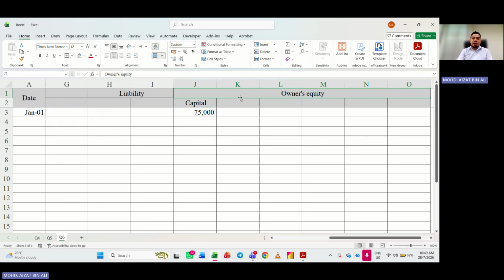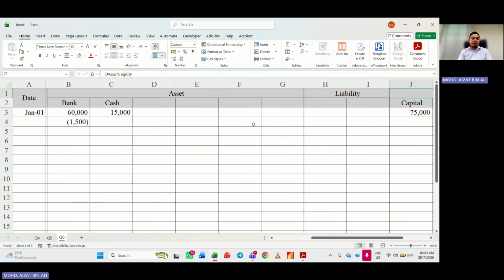For this one, let's create a header for it: office rent, 1,500 ringgit in brackets, because rent is an expense and reduces owner's equity. So this is minus 1,500 ringgit.